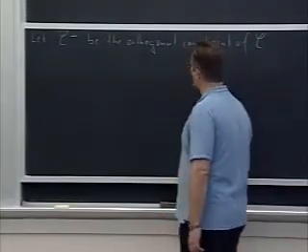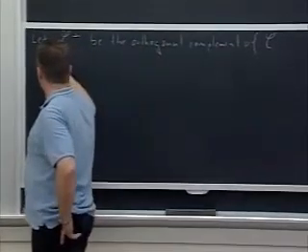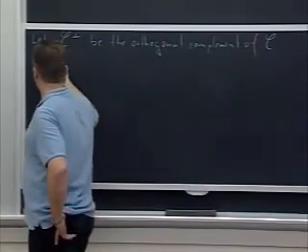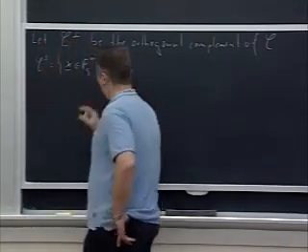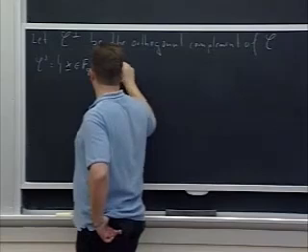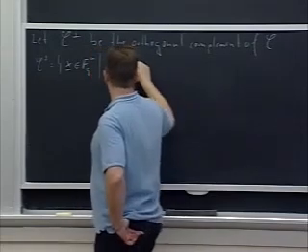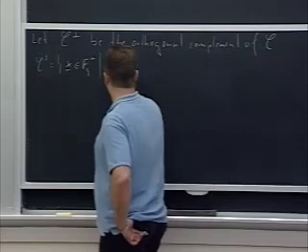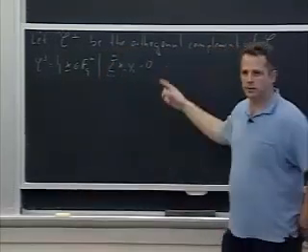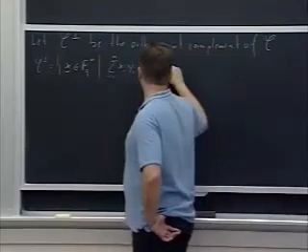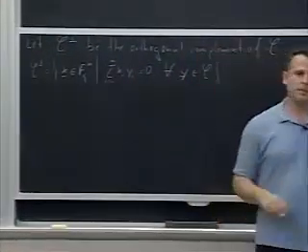The orthogonal complement of the code we could write as the set of x in Fq^n such that the sum of xi yi is equal to 0. The sum is obviously over the field, for all y in the code.